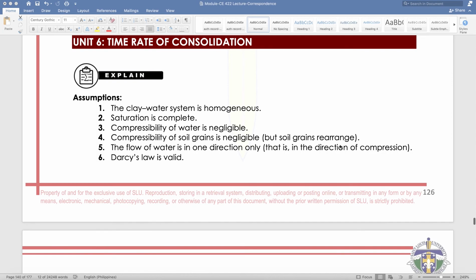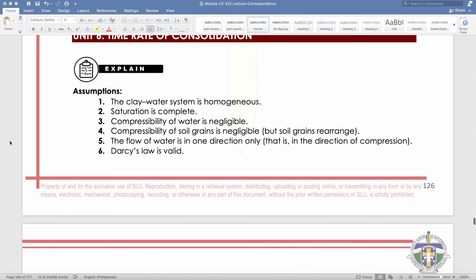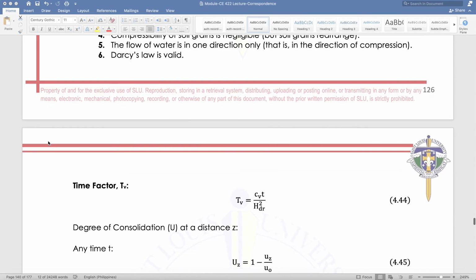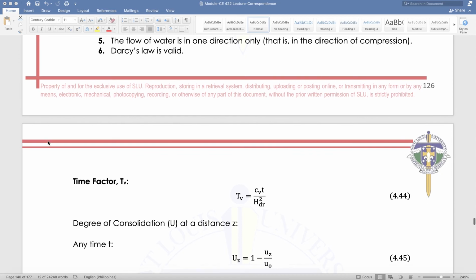soil grains rearrange. Number 5, the flow of water is in one direction only, that is, in the direction of compression. And number 6, Darcy's law is valid. Okay, now for time factor, Tv is equivalent to the coefficient of consolidation, Cv, times time, divided by the average drainage path during consolidation.